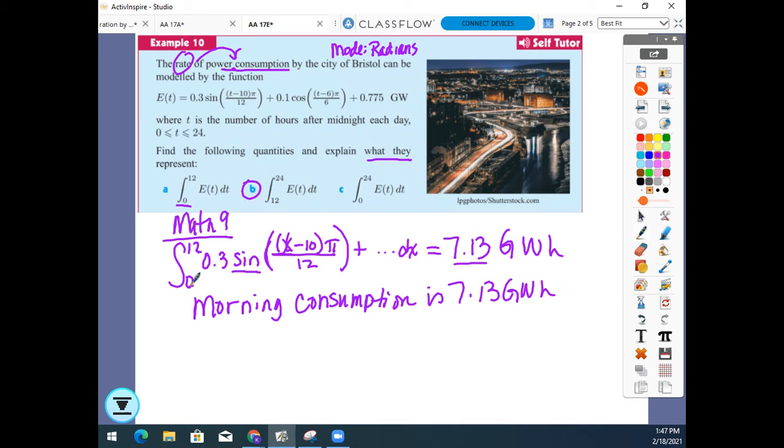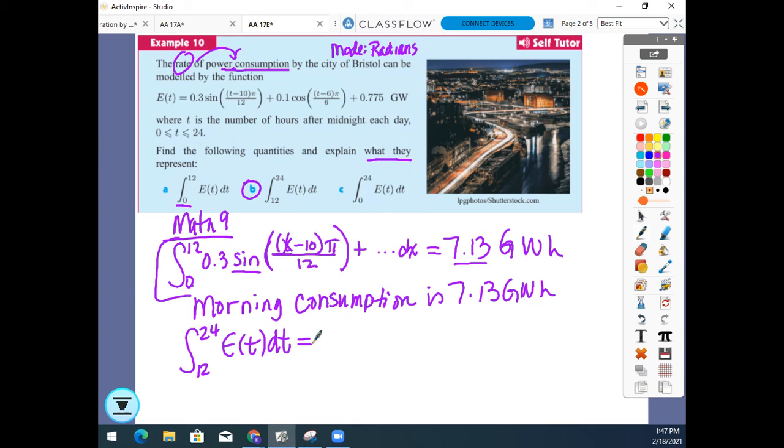Then letter B, here's where it's kind of slick. What you can do, just take your up arrow and grab all this, hit enter, and when you come down, go all the way back through and change your values here from 12 to 24, and you don't need to re-enter everything. So I'm just going to call that the integral of f(t) dt.